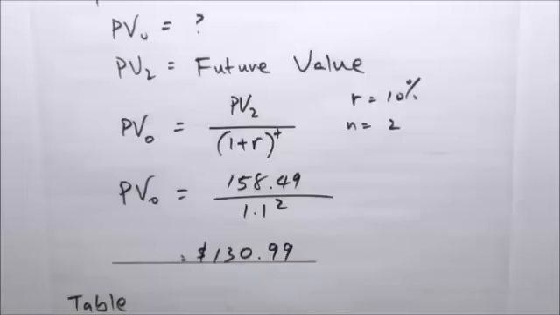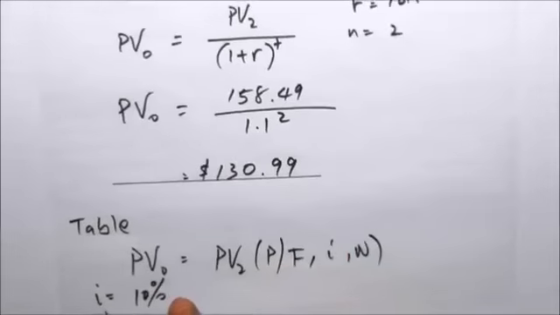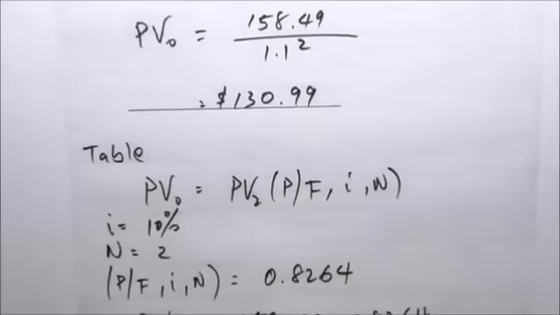We can do the exact same thing with the interest rate table. The present value at time 0 equals the present value at time 2 times this factor. We know I is 10, we know N is 2, and therefore we look in the column for finding present value given future value, I and N, and we find that this factor is 0.8264.